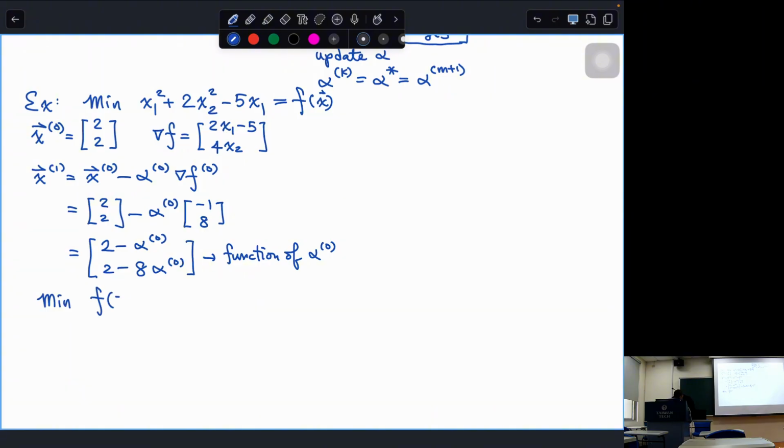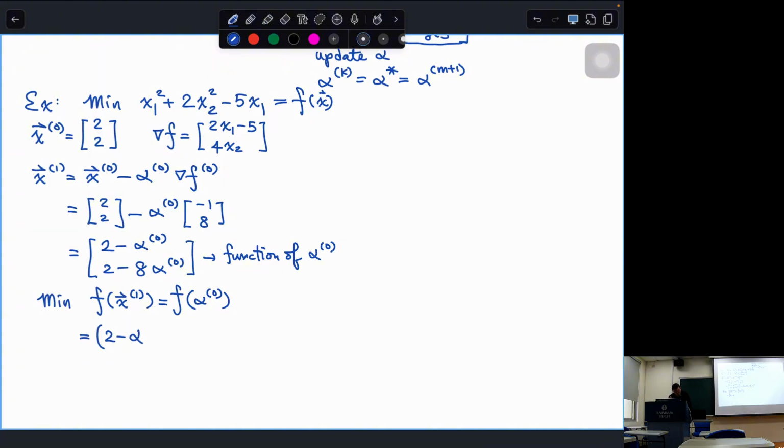Now I plug in x1. Actually, it's a function of alpha 0. Now it's a function of alpha 0. I just plug in. So how do I plug in? Just plug in. So 2 minus alpha.